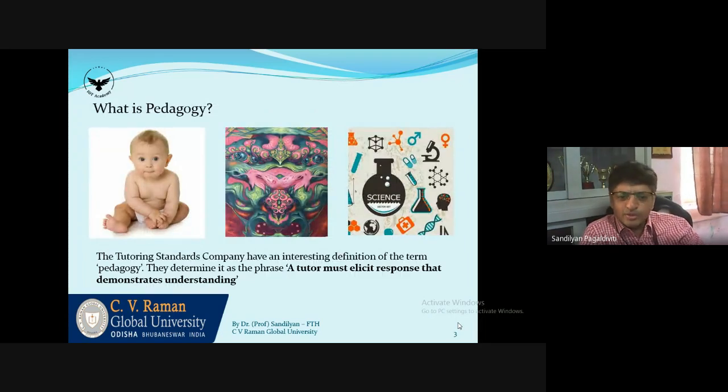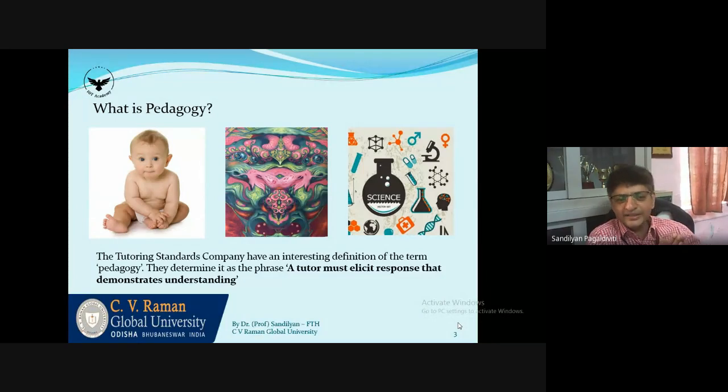Okay. So let us try and understand first what is pedagogy. You can see there are some pictures here. The first one is a picture of a baby. The second one is a very artistic picture. The third one is symbolic of experiments and a lot of other activities, which says science.